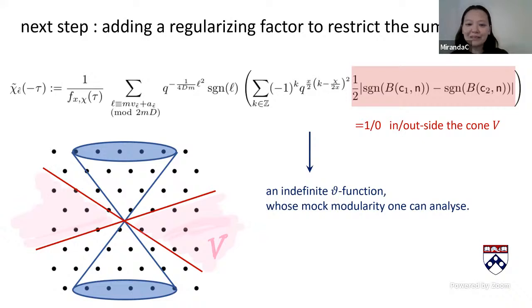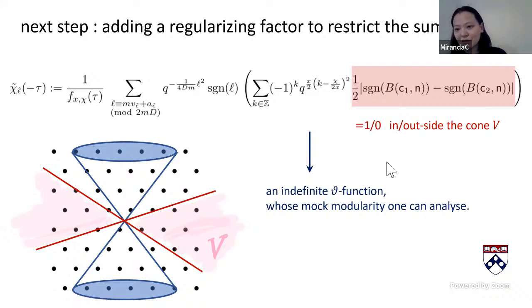But this is the kind of thing that many of us are familiar with by now, thanks to the work of Zwegers and many other people. There's some natural way to make sense of it. You just restrict the sum to a positive definite cone, and you can restrict it by adding a factor in this way. So you have a cone that's determined by 2 vectors, C1 and C2, that's orthogonal to it in some sense.